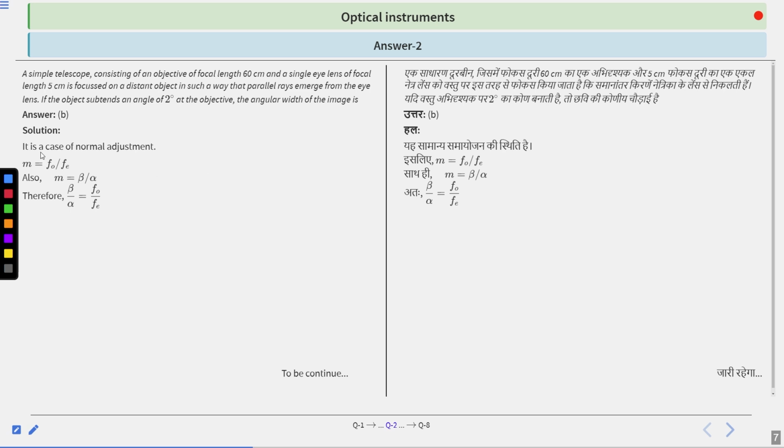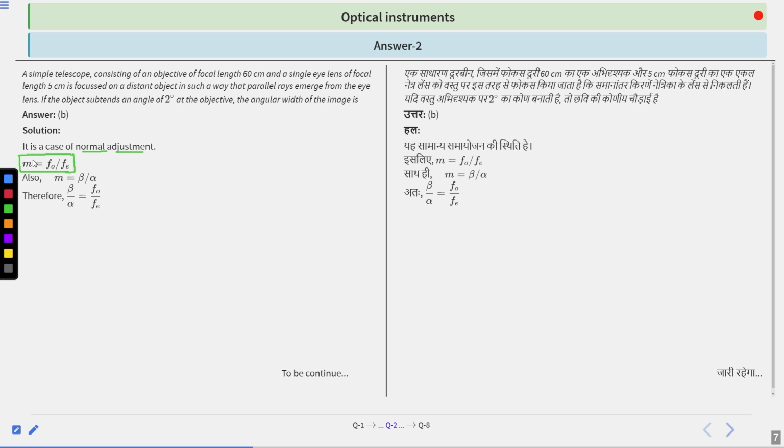So we know in the case of normal adjustment, the formula for the magnification, that is M, is equal to FO divided by FE. This is the magnification formula in case of normal adjustment.